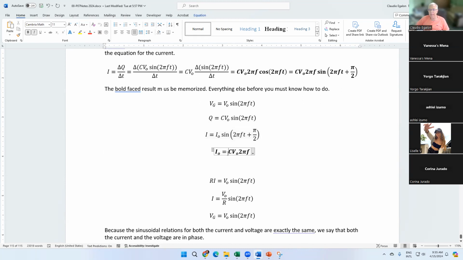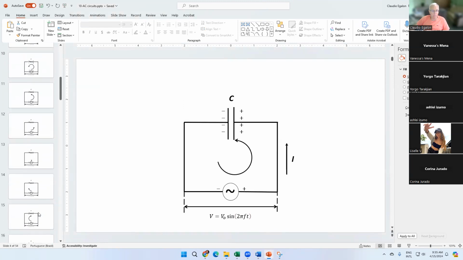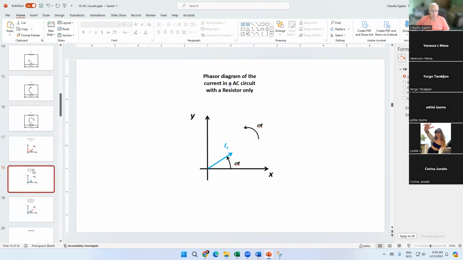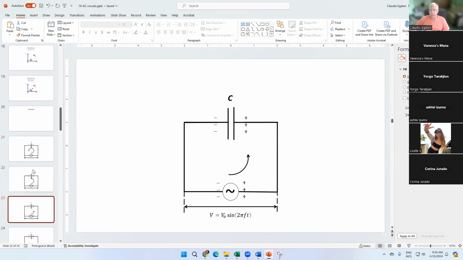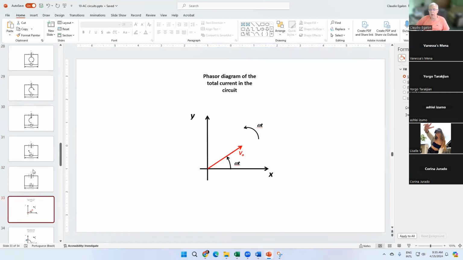And let's not forget that I naught is given by this thing here. Like that. We usually put a 2 pi f C V naught right in here. Let's take a look at the phasor diagram of this one now, for the capacitor. That is going to be the phasor diagram for the generator.